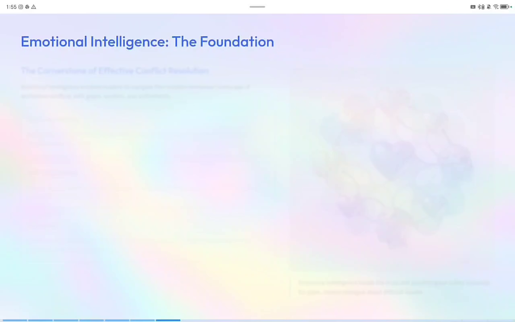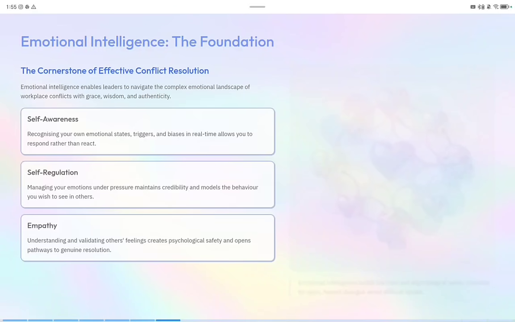One of the important skills is emotional intelligence, right? The cornerstone of effective conflict resolution is always emotional intelligence. An emotionally intelligent leader can help navigate the complex emotional landscape of workplace conflicts with grace, wisdom, and authenticity.